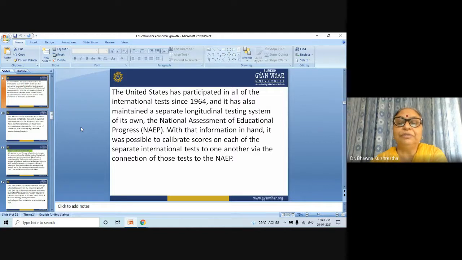With that information in hand, it was possible to calibrate scores on each of the international tests to one another via the connection of those tests to the NAEP, and to obtain further precision.